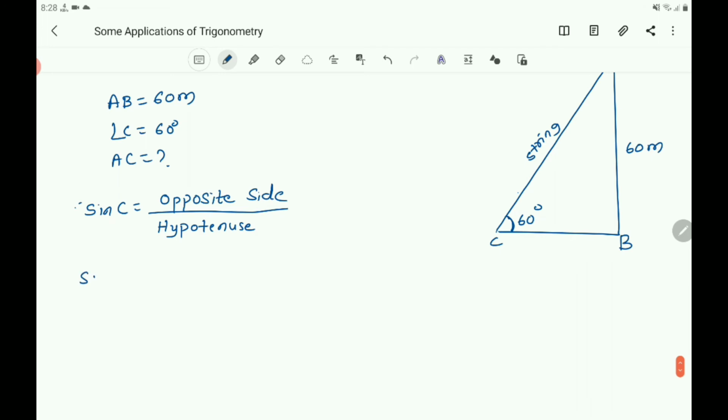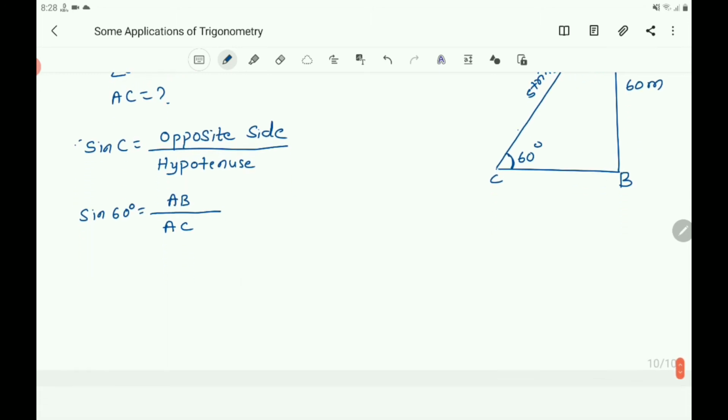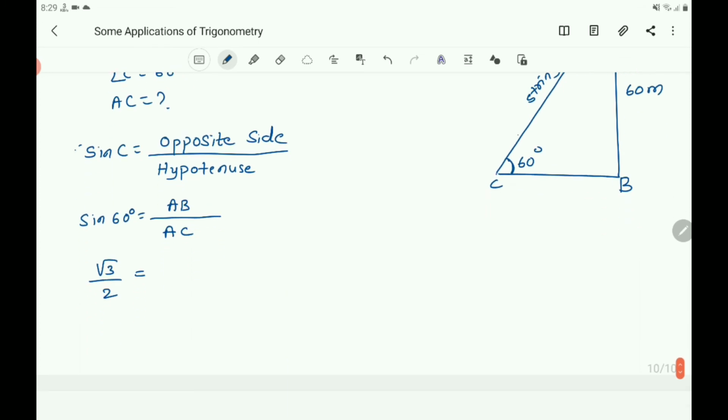So that is sine 60 degree. Sine 60 degree equals opposite side AB by hypotenuse AC. And what is the value of sine 60? Sine 60 degree is root 3 by 2 equals AB is 60 meter, so you write 60 by AC.